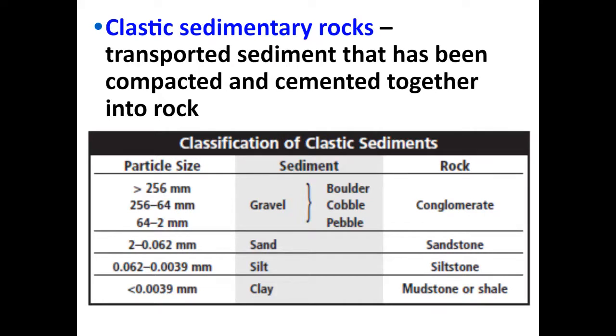For instance, sand forms the sedimentary rock sandstone. Silt forms the sedimentary rock siltstone, and clay forms the sedimentary rock mudstone or shale, and it's often also commonly called claystone. Gravel forms a rock called conglomerate and also a rock called arkose sandstone.